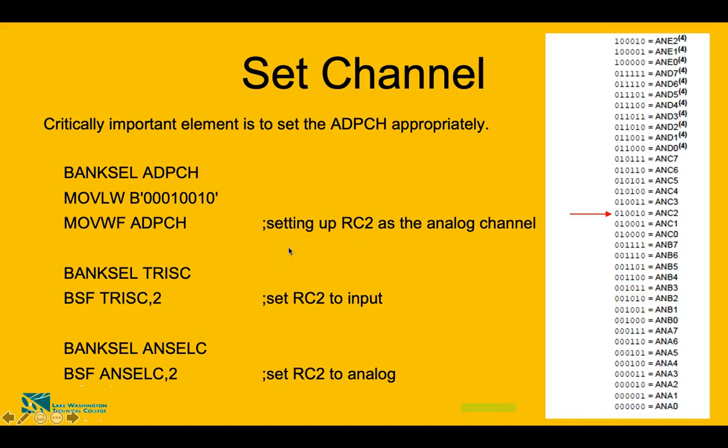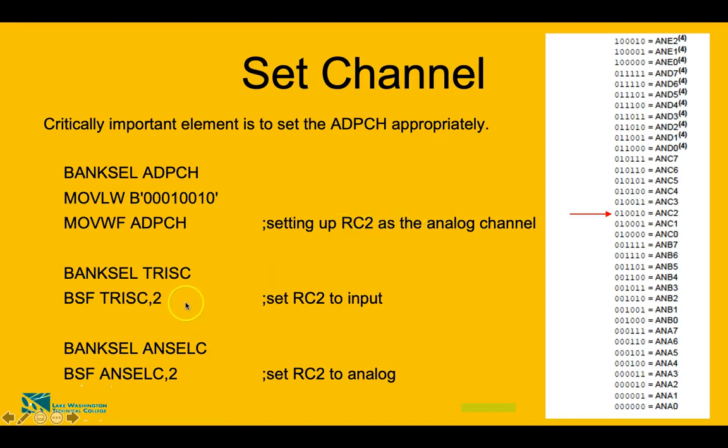So in our case, we are using RC2 as our analog channel, and that's why we have used this bit pattern. So this particular register is used to select the channel, and we have used this particular bit as our analog channel.